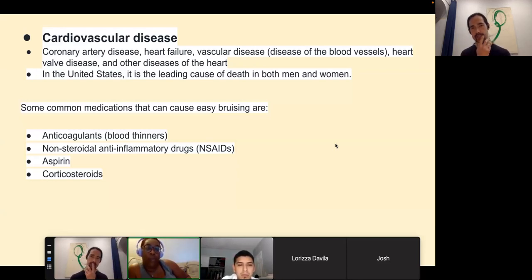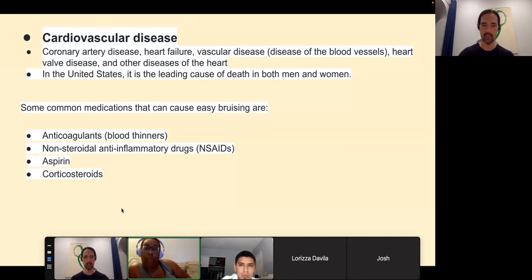Some common medications can cause easy bruising. Okay, I guess I should back up. So for cardiovascular disease, one of the things that is usually prescribed is something that prevents a blood clot. Those can be two kinds of medications.